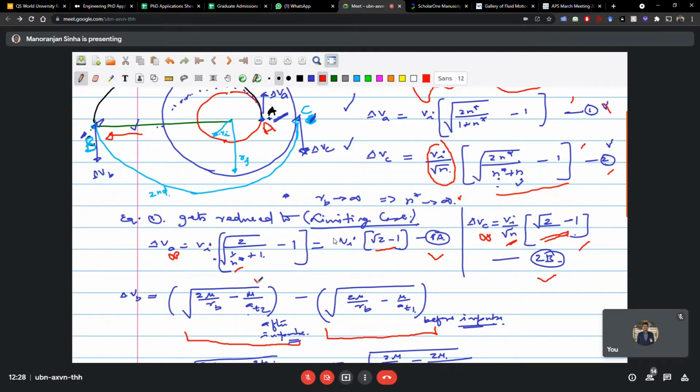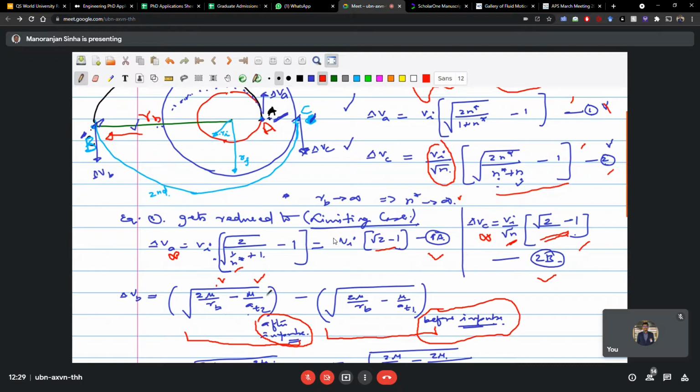This is the velocity at point B after the impulse is given at B, and this is before the impulse is given at B. So V from the integral equation at B is 2 mu by RB. RB is this distance, this is your RB.